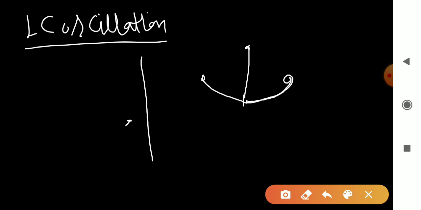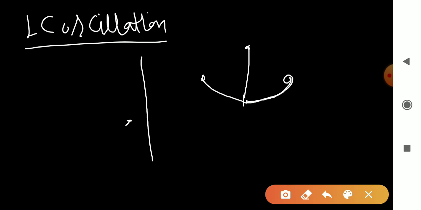While in the case of LC oscillation, energy settles back and forth between the magnetic field energy and the electric field energy periodically. And in this case, current becomes 0 when the entire energy is stored in the capacitor, right?